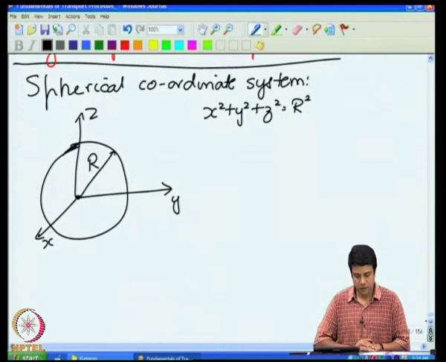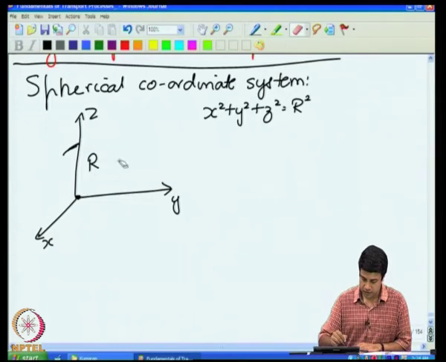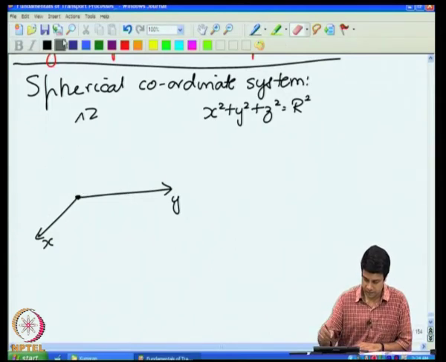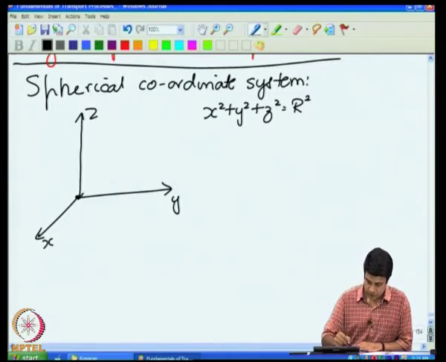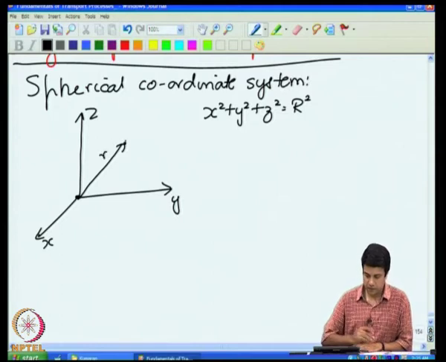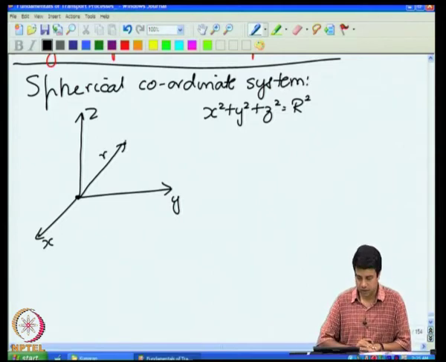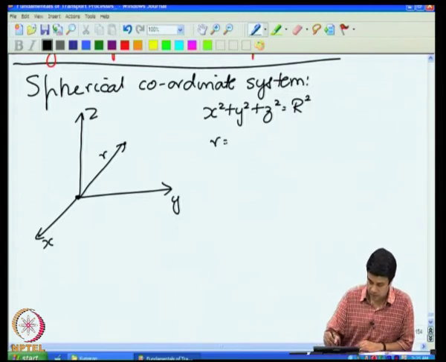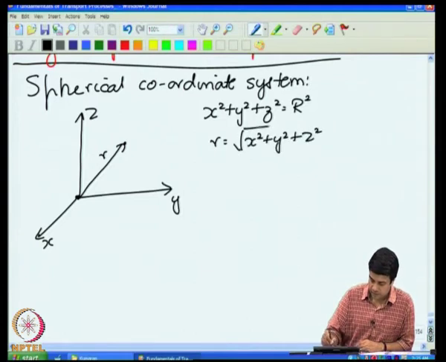In this particular coordinate system, I would put the origin right at the center of the sphere. The distance of a point from the origin is the distance r. That is one coordinate. So, r is equal to the square root of x squared plus y squared plus z squared.